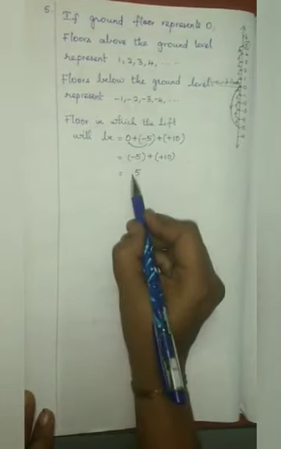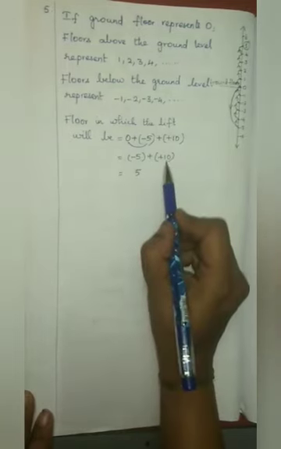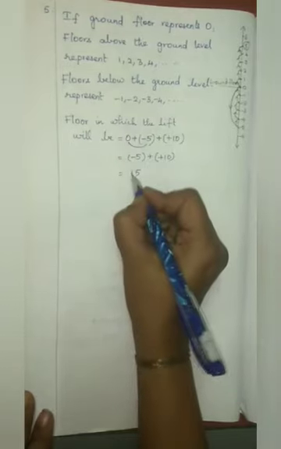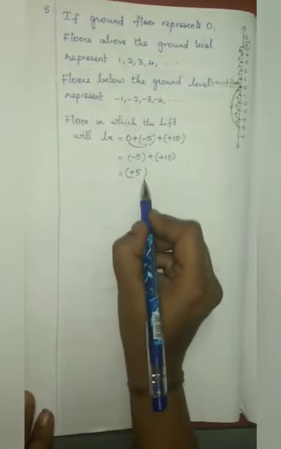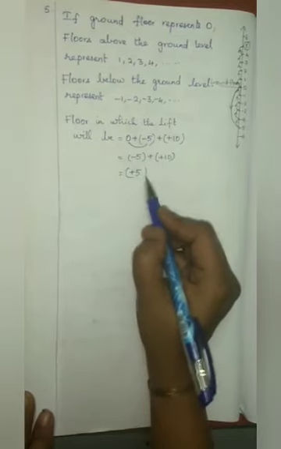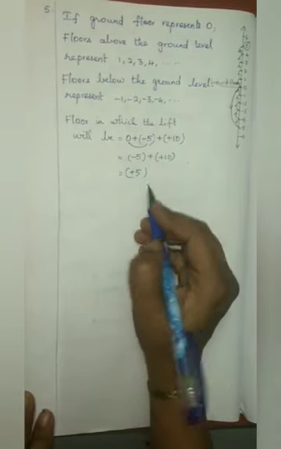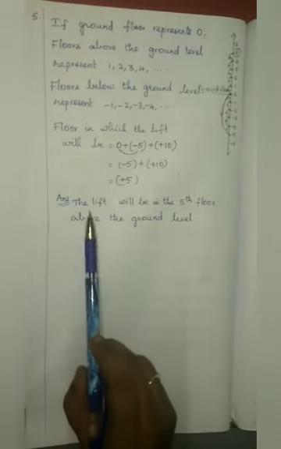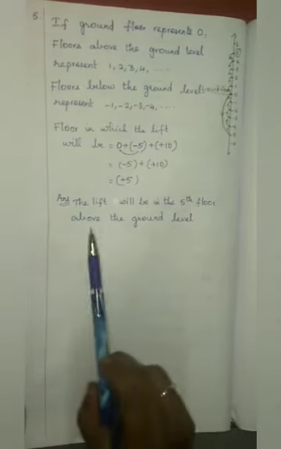So put the sign of the bigger number. Here 10 is bigger. What do we have in front? Plus. So plus 5 represents the 5th floor above the ground level, isn't it? Answer: the lift will be on the 5th floor above the ground level.